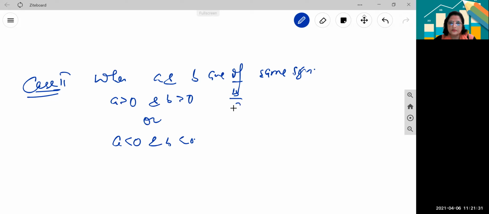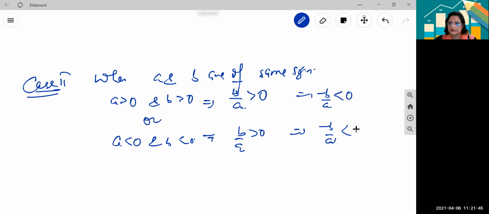Then what is B by A? B by A will remain greater than 0, implies minus B by A is less than 0. Same here, B by A is greater than 0 implies minus b by a is less than 0. And below, the value is greater than 0, so it will give a positive value only. r is equal to minus b by a upon mod of b by a.